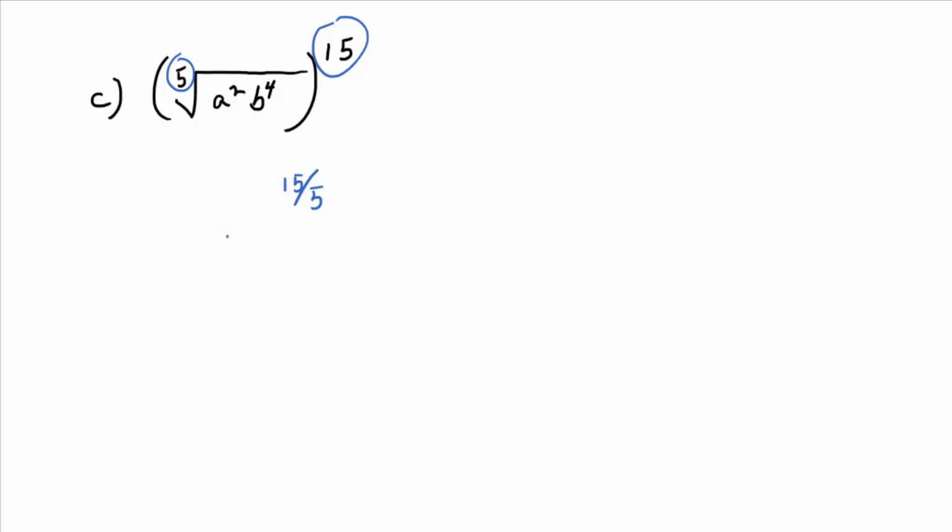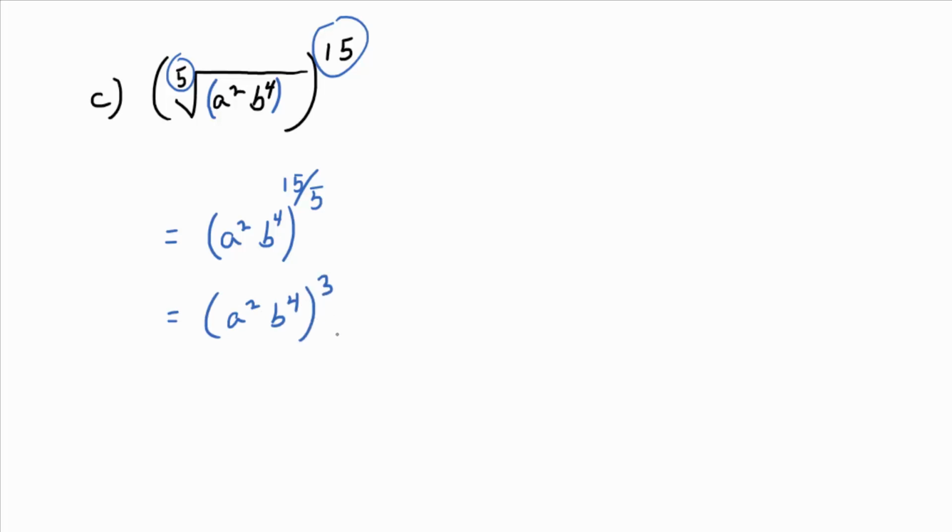What would the base be? Okay, now, do I need anything else? There's an implied set of parentheses in here, so you need that around the base. So the 5th root of a squared b to the 4th, the whole thing to the 15th power, is a squared b to the 4th, the whole thing to the 15 over 5. What's 15/5? 3. So this is a squared b to the 4th, the whole thing cubed.